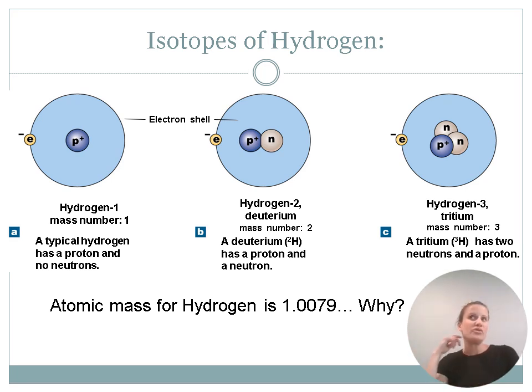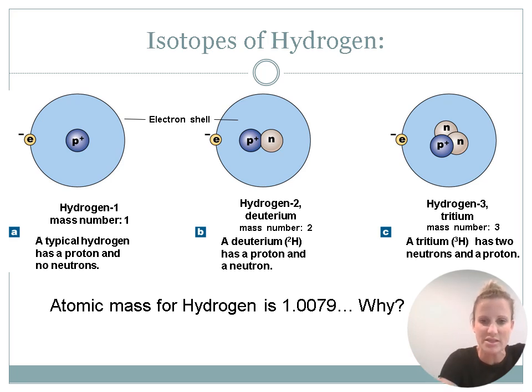Now, if you keep collecting hydrogen, even more rare, you might find hydrogen with a mass number of 3, even heavier. It's still hydrogen, so it still has 1 proton. Here in the nucleus, you see it's 1 proton. But remember, mass is protons plus neutrons.